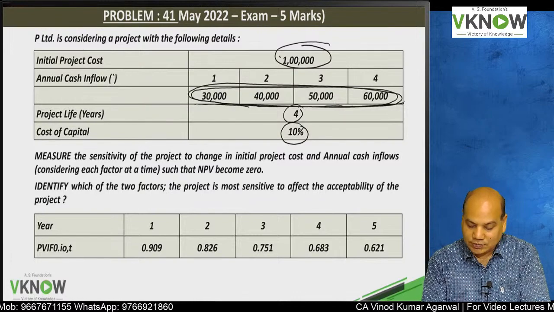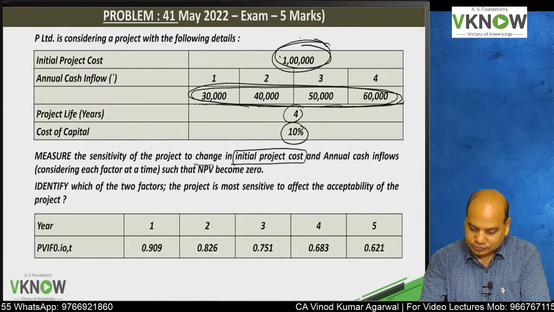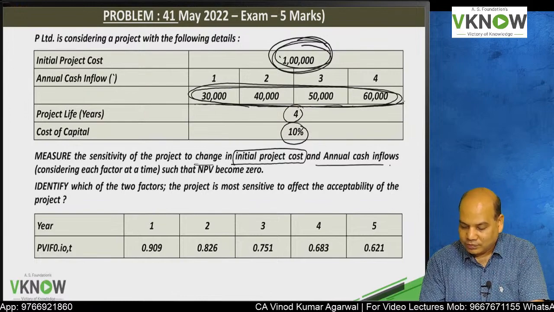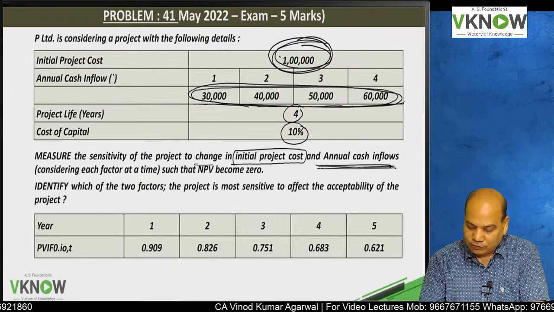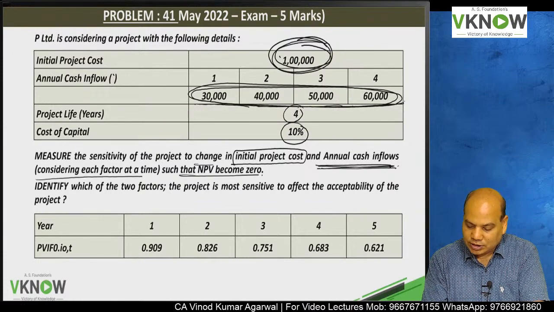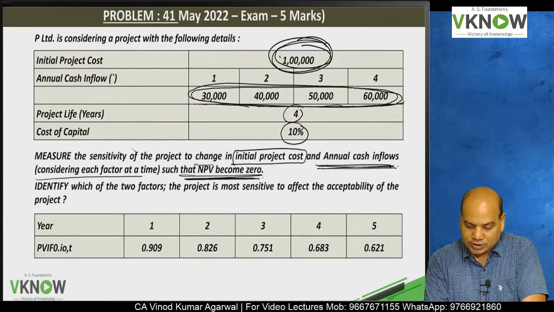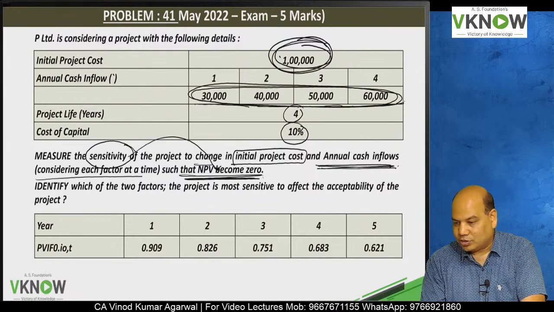Measure the sensitivity of the project to change in initial project cost. Same, NPV divided by 1 lakh. Annual cash inflow, NPV divided by PV of annual cash inflow, considering each factor at a time such that NPV becomes 0.